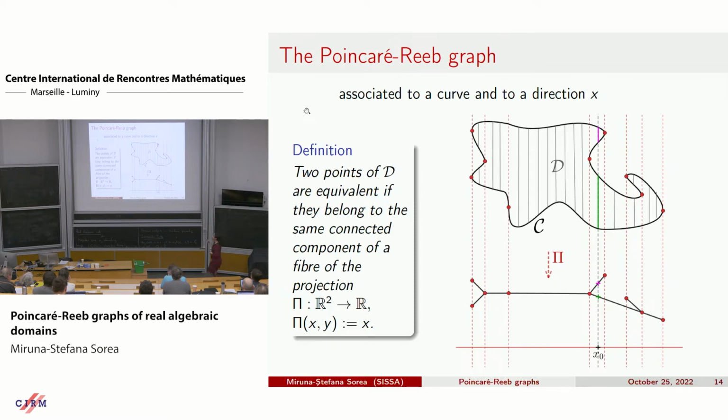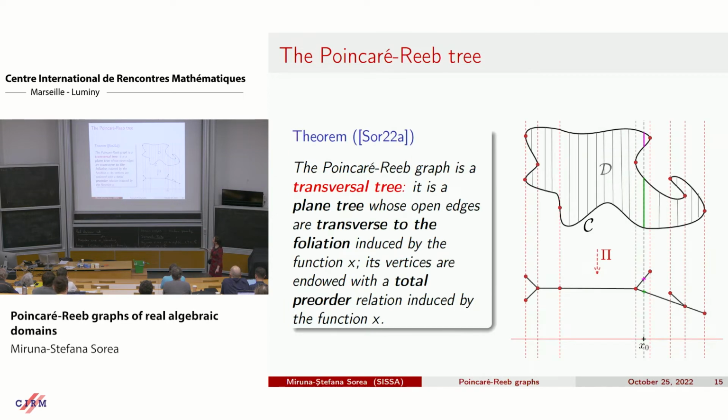And the name, the Poincaré-Reeb graph, I chose because this construction is inspired from a classical one due to Poincaré, who was using this as a tool in Morse theory, and it was rediscovered later by Reeb in higher dimensions. But in this setting, the Poincaré-Reeb graph is a transversal tree. So it is a plane tree, embedded in the plane, and these open edges are transverse to the foliation induced by the fibers of the vertical projection.